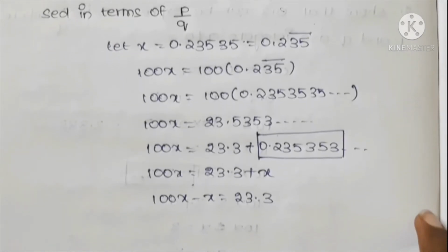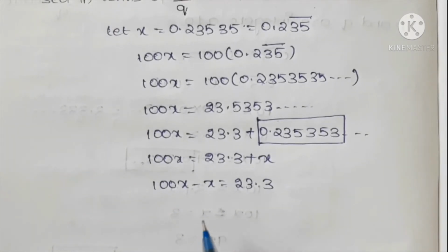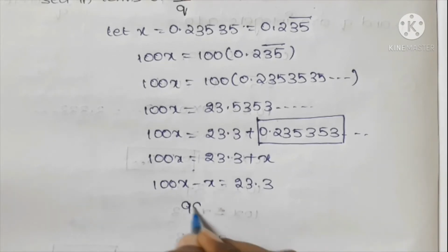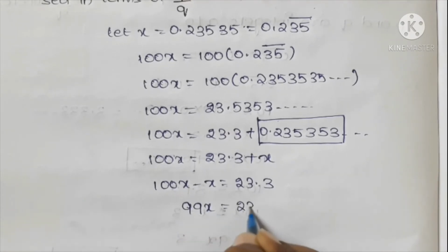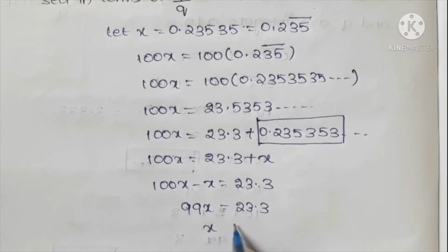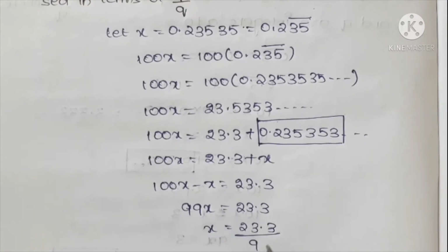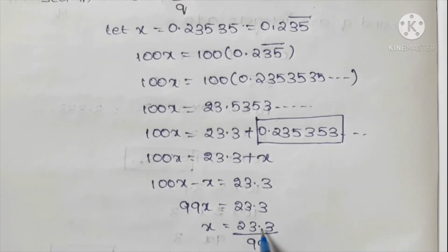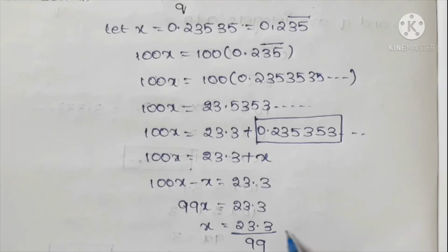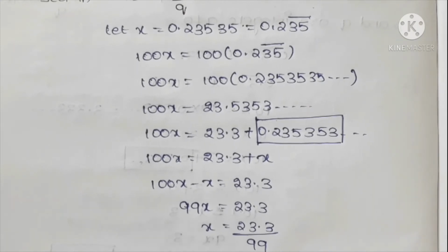Now this x is to be taken to the LHS side, that is 100x minus x equals 23.3. 99x equals 23.3. Now x equals 23.3 by 99. Now in the numerator we have a decimal point. In order to remove that, it can be written as 233 by 990.